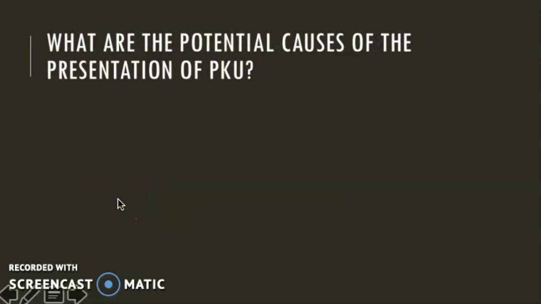So what are the potential causes of the presentation of PKU? One cause is, like I said, a mutation of the phenylalanine hydroxylase enzyme, or the PAH gene, which could lead to a mutation of the enzyme.